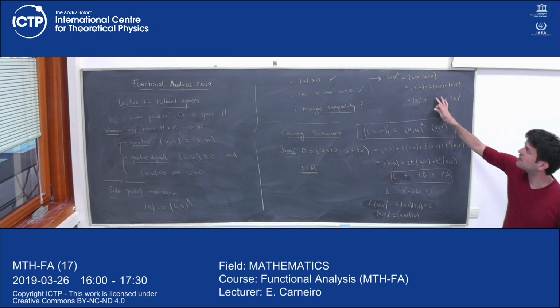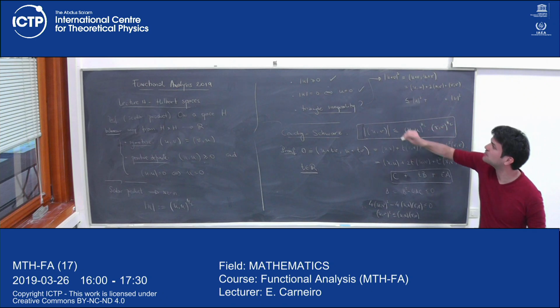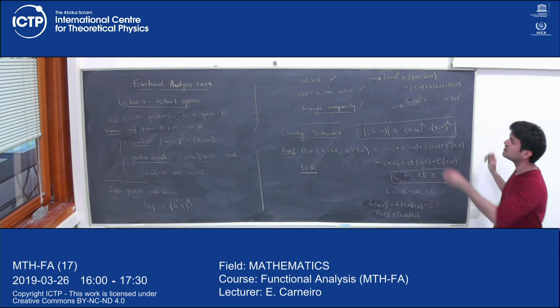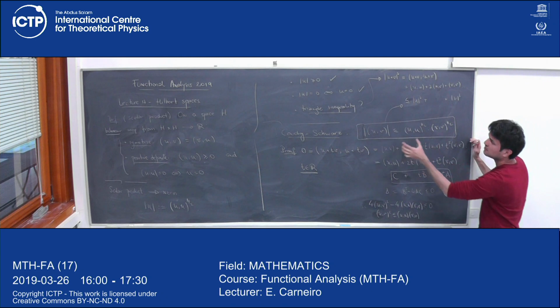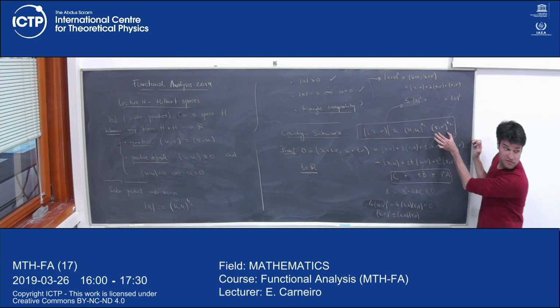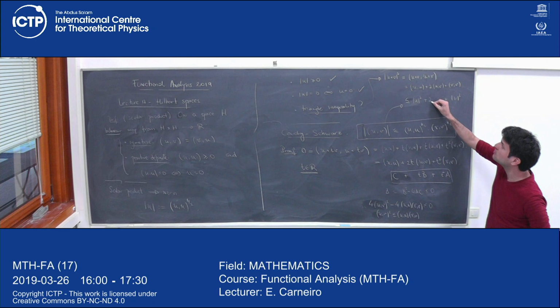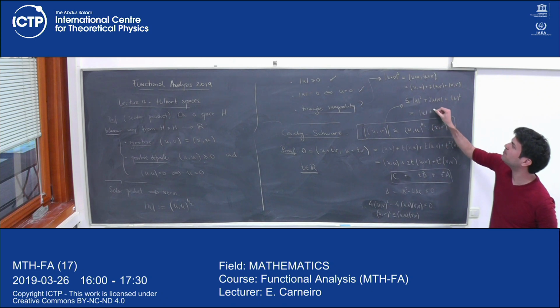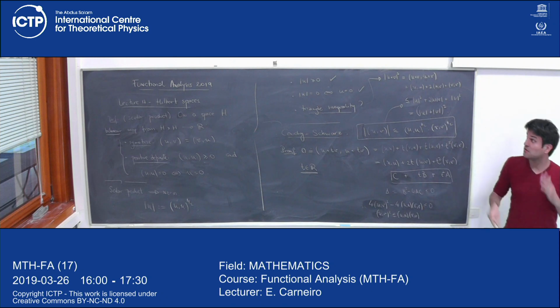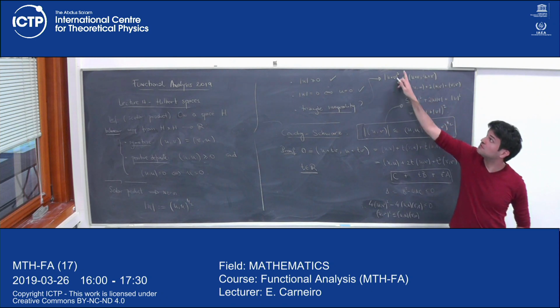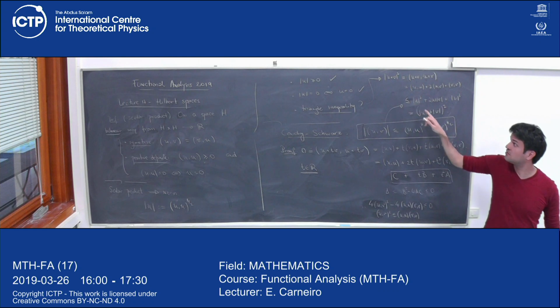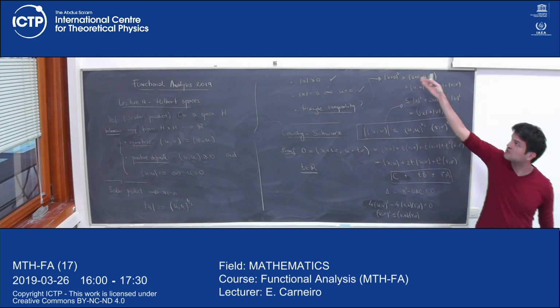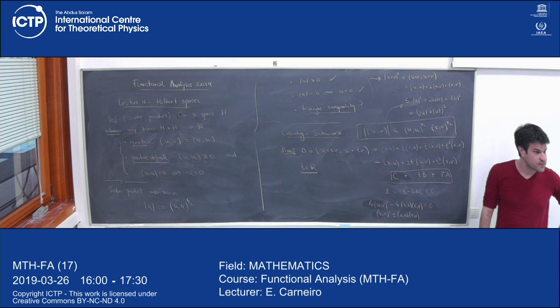And here I use Cauchy-Schwarz to say that U scalar V is less than or equal to the norm of U times the norm of V. So I get 2 norm of U, norm of V. And what I have now is just the norm of U plus the norm of V, squared. So the norm of U plus V squared is less than or equal to the norm of U plus the norm of V squared. Just cancel the squares and you have the triangle inequality.